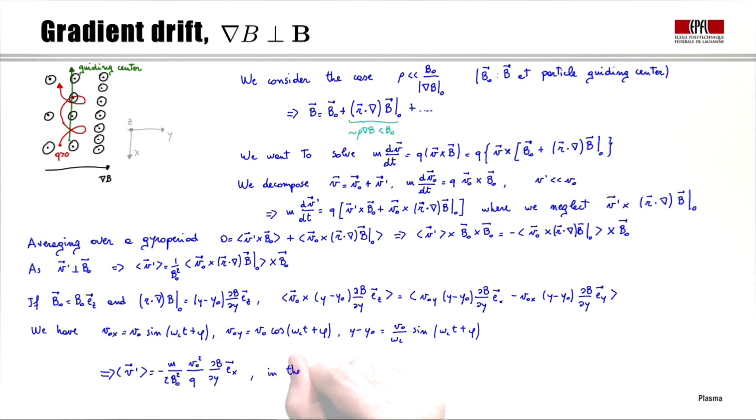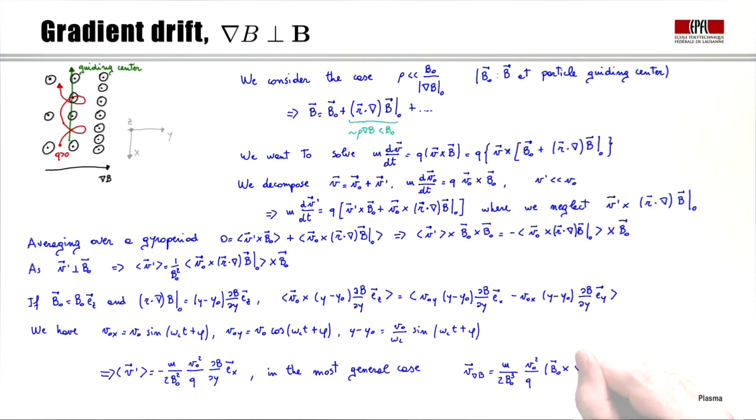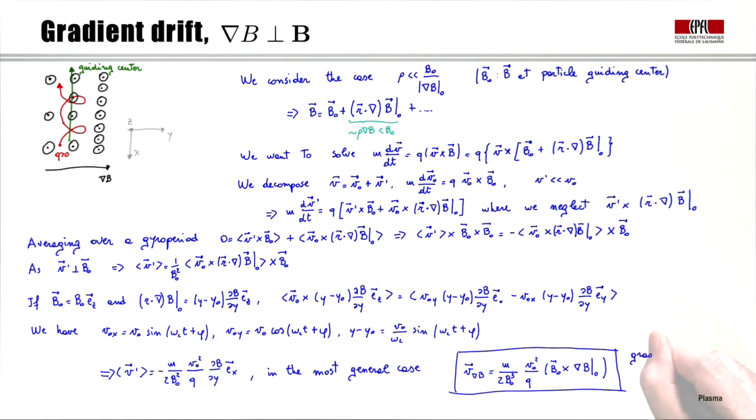This is the result in this specific geometry. If we look at the most general case, we have a drift that is always given by the same coefficient in front, m over 2 B0 to the power 3, B0 squared over q, B0 cross the gradient of B0. This drift, which is very important in plasma physics, is the so-called grad B drift.